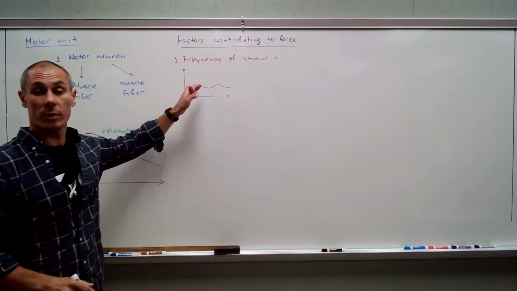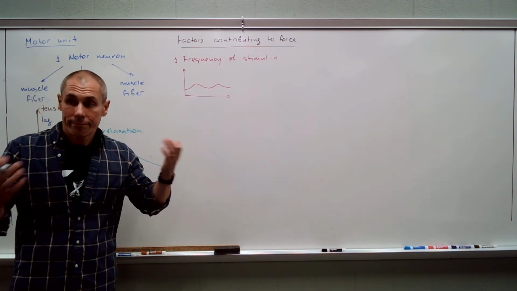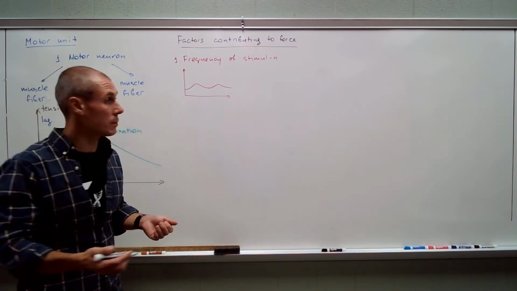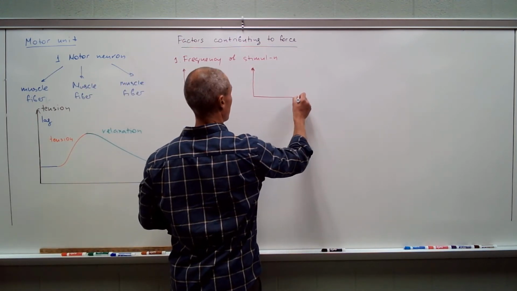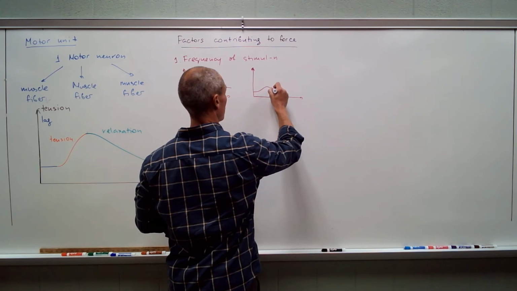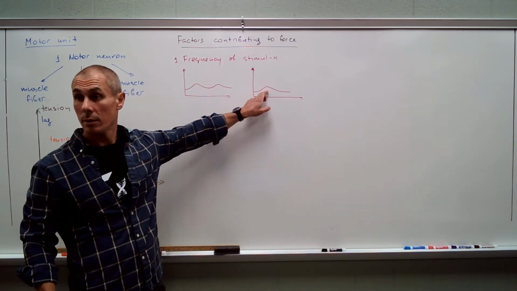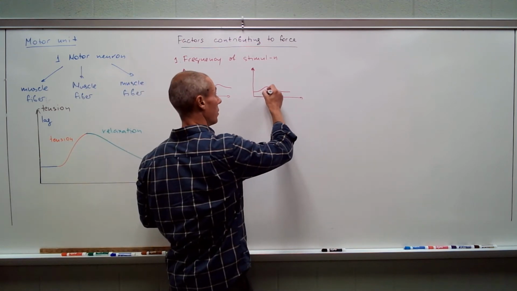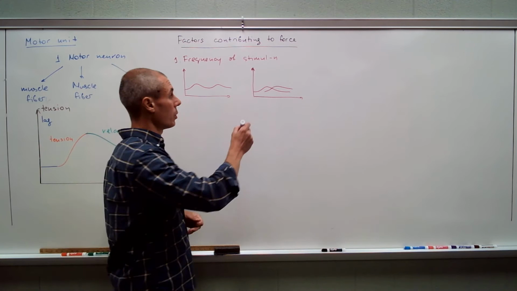So this is a couple of twitches, one after another. Okay? Really weak twitches. Now you're going to overlay them partially. So one twitch, and the next one starts right about here, during the relaxation period. Does that make sense?